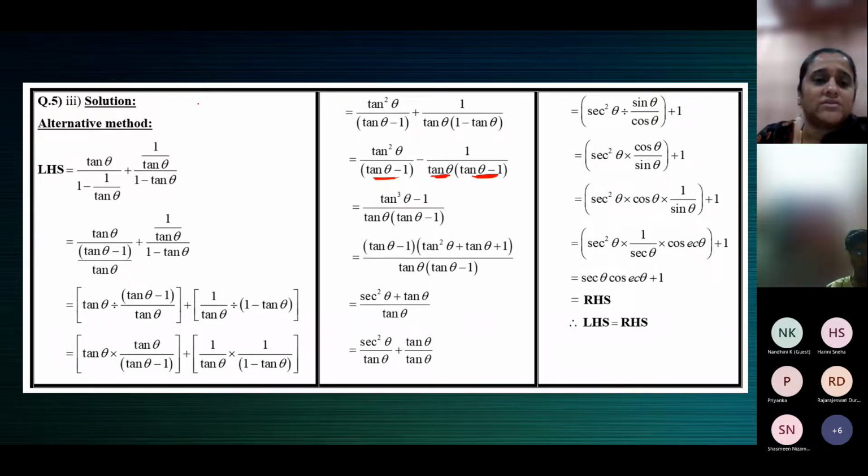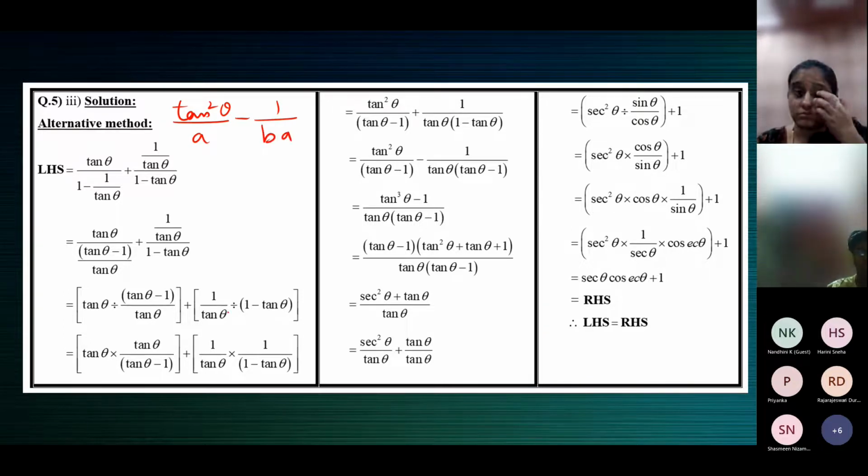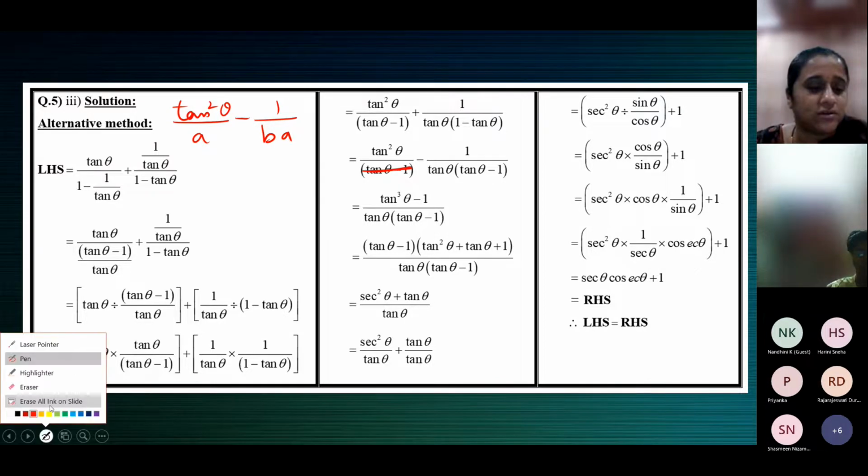See, think about it like this. Say tan square theta by a minus 1 by ba. What will be the common denominator? Because I'm just taking this as a, children. Okay, let me show it here itself.